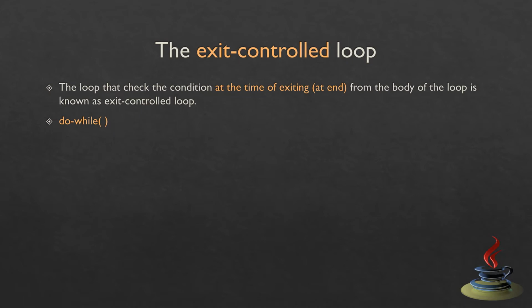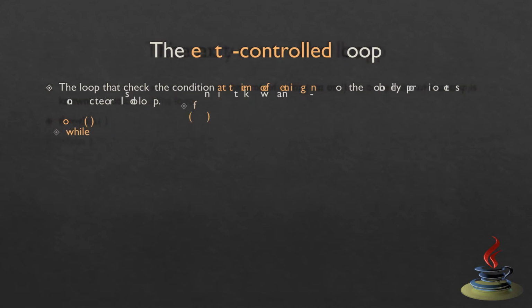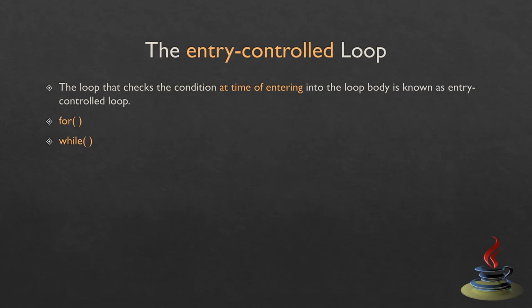Okay, if we go for the while or for loop, that means if I write a for loop or a while loop, let's say my loop is while. Then we have to write the condition here, then you can execute your statement, then close your bracket.